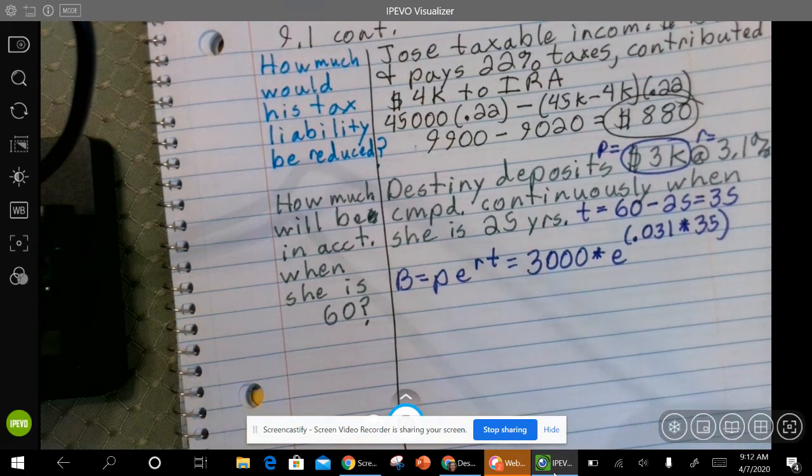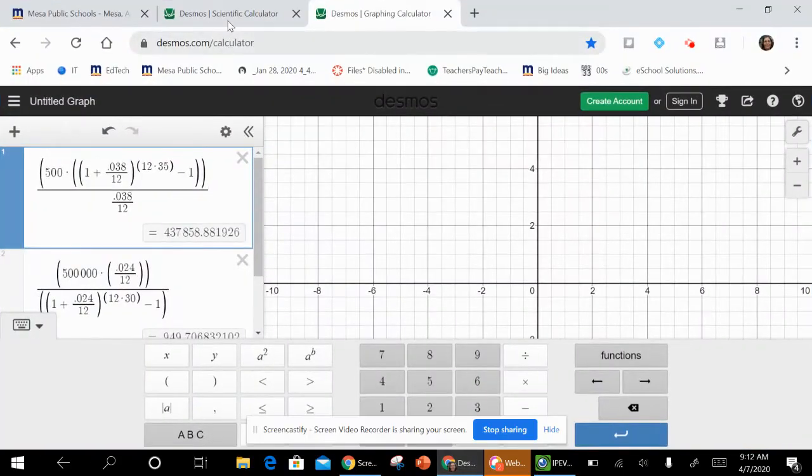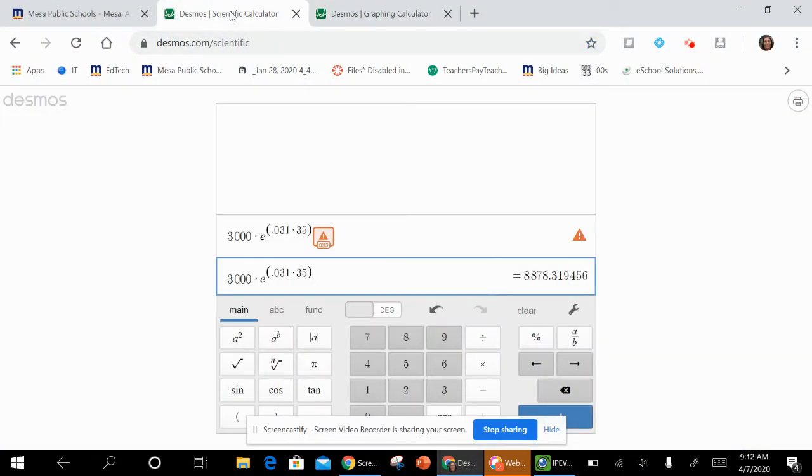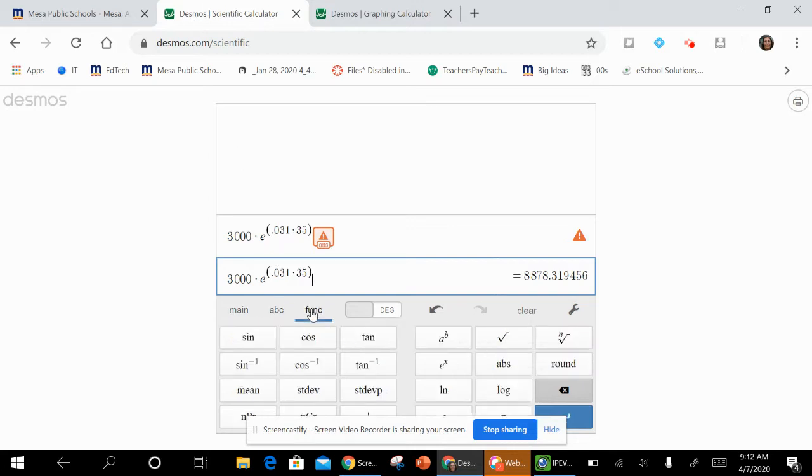And what you want to use for this one, everybody, is Decimal Scientific, decimals.com/scientific. Make sure everybody, when you're in this, you go to function to get e.